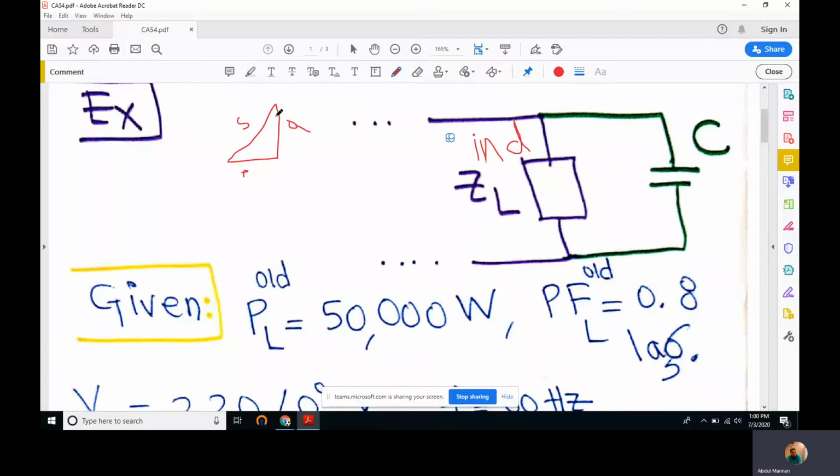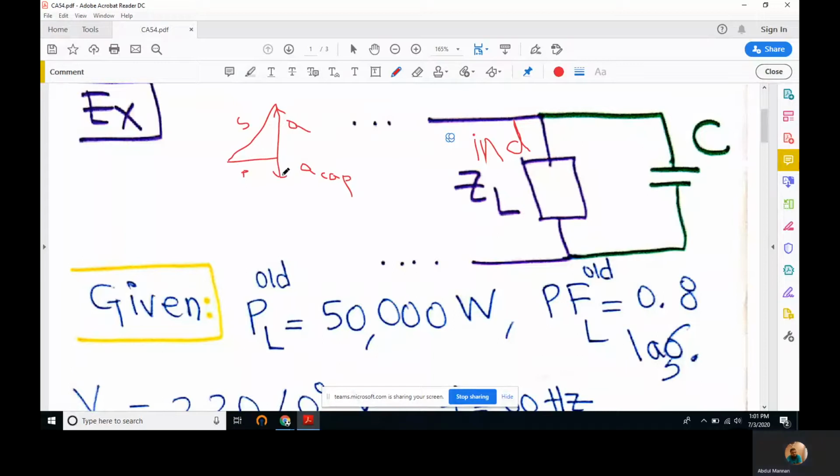So the idea is to decrease this vector, we introduce some amount in the negative, in its opposite direction, by introducing an element that adds a negative Q, and we all know that capacitors add negative Q.